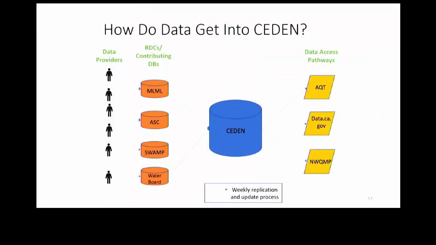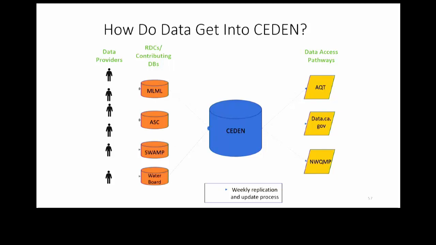Moving on to how. This is a schematic that shows that we have data providers that work with the regional data centers, Moss Landing Marine Laboratories, as I mentioned, the Aquatic Science Center, and then I'm terming them here, contributing databases, SWAMP and water boards. We have a container here at the water boards that can do the same thing, act as a regional data center as well.